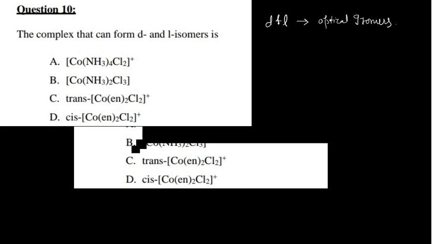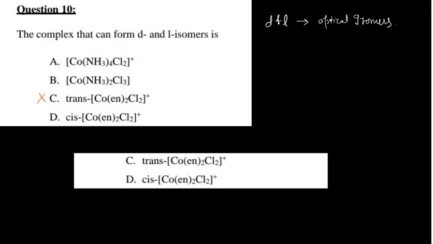Just earlier, two or three slides back, you have seen the trans isomer of MA2B2 type. So I'm writing here, trans isomers of MA2B2 type, they are optically inactive. So this trans is optically inactive, right?